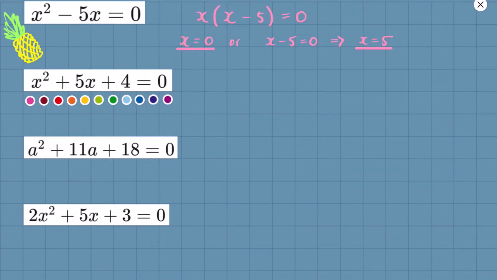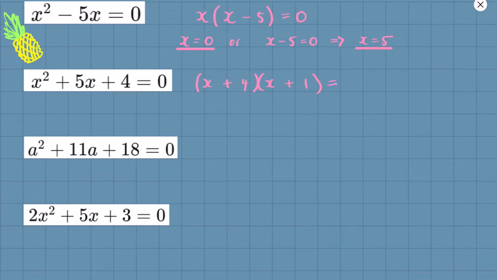Okay, so the next one can't do the same thing, but we're going to use a method that we did before. We're going to put it into double brackets. And we're thinking of factors of 4, so I'm going to go with 4 and 1. And to get to 5, we'll add both of them.